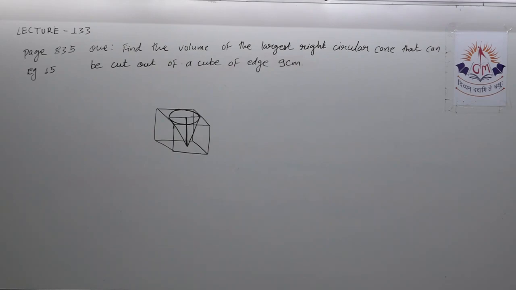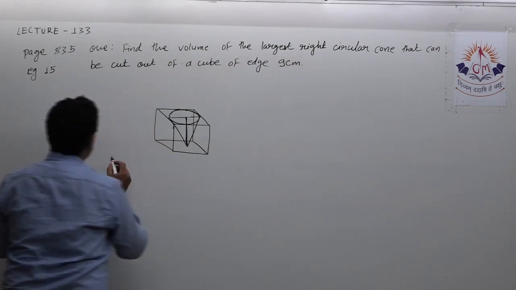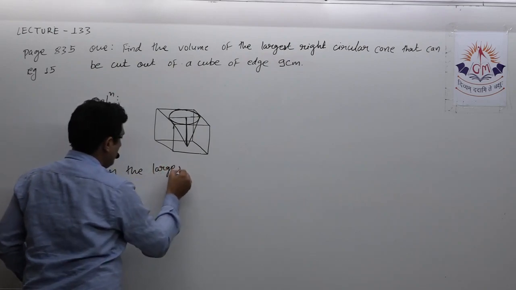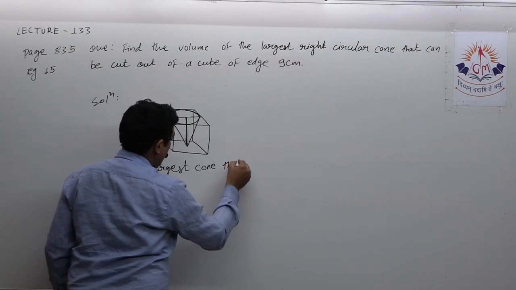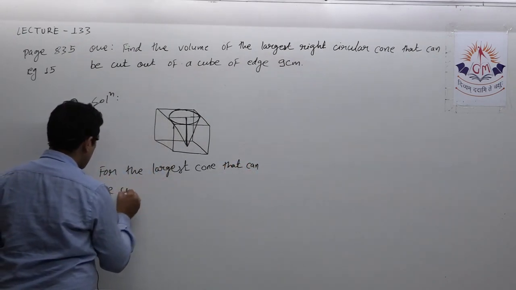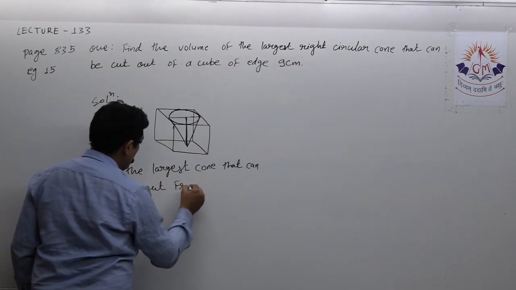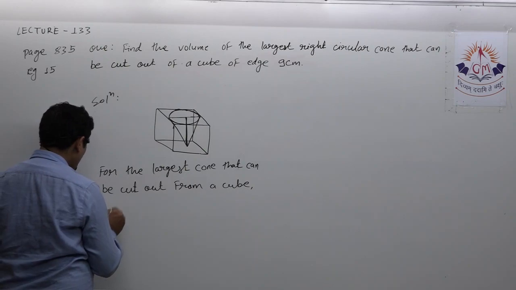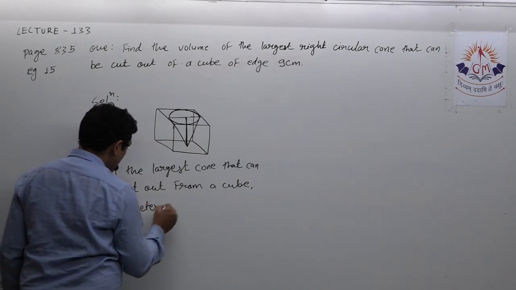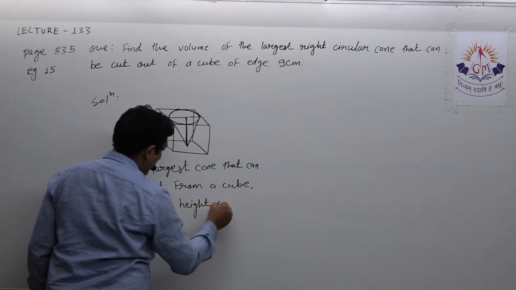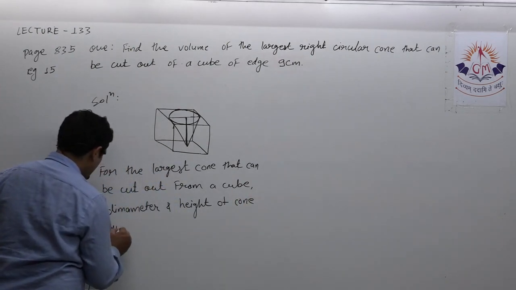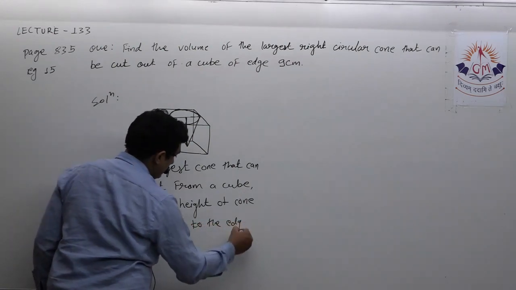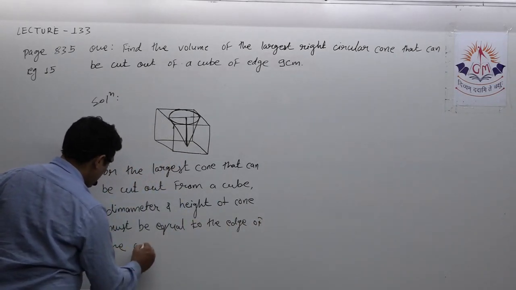Okay, so here let us see its solution. For the largest cone that can be cut out from a cube, the diameter and height of the cone must be equal to the edge of the cube.